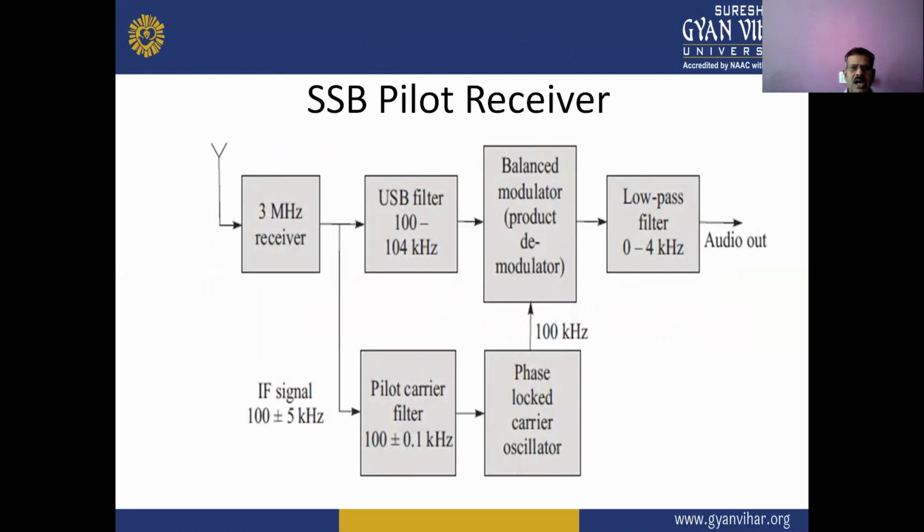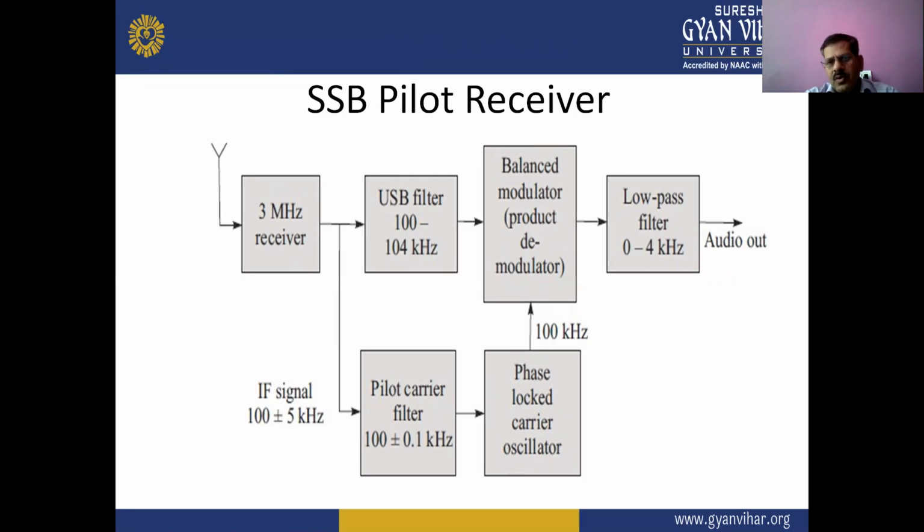That is the single sideband pilot receiver, in which a receiver network, upper sideband filters and pilot carrier filters are also in this diagram, and also a balanced modulator, product demodulator, and finally a low pass filter which passes the low frequency signal, with the frequency range 0 to 4 kilohertz.